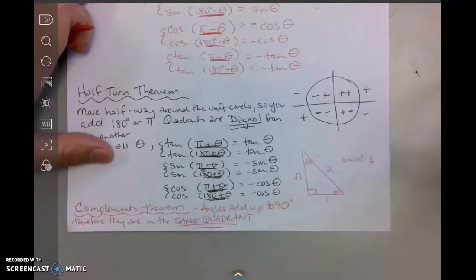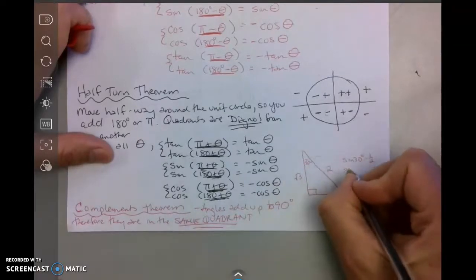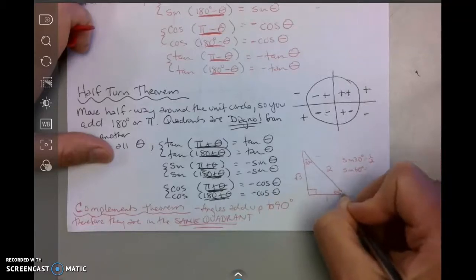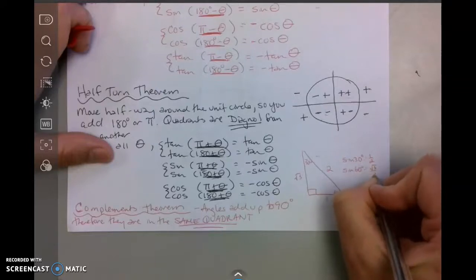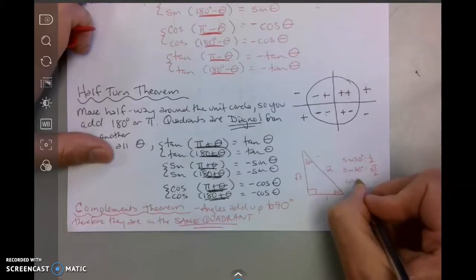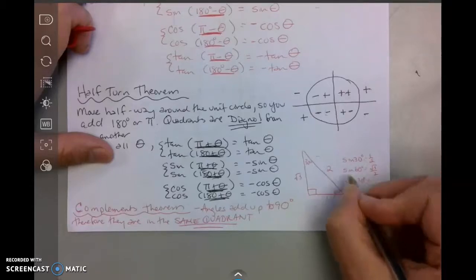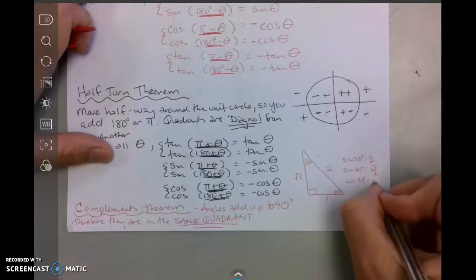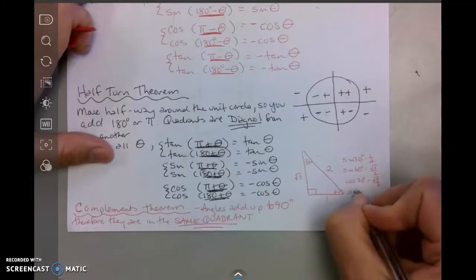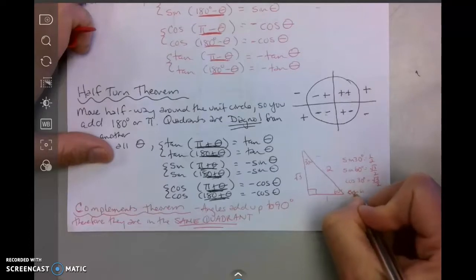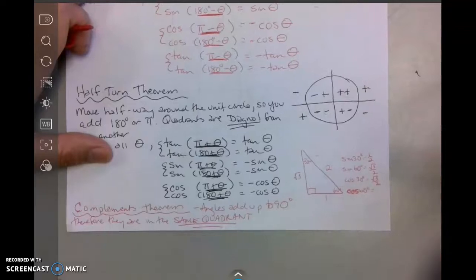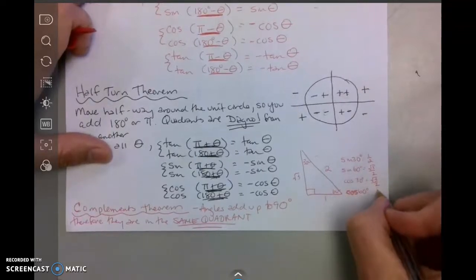If I then take the sine of 60 degrees, I get square root of 3 over 2. Now I'm going to take the cosine of 30 degrees. Cosine is square root of 3 over 2, and cosine of 60 degrees is 1/2.